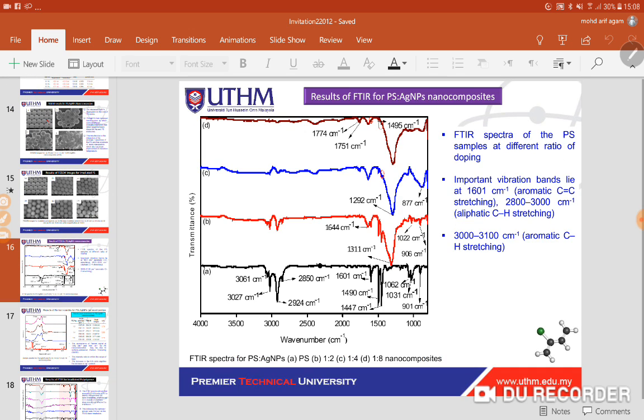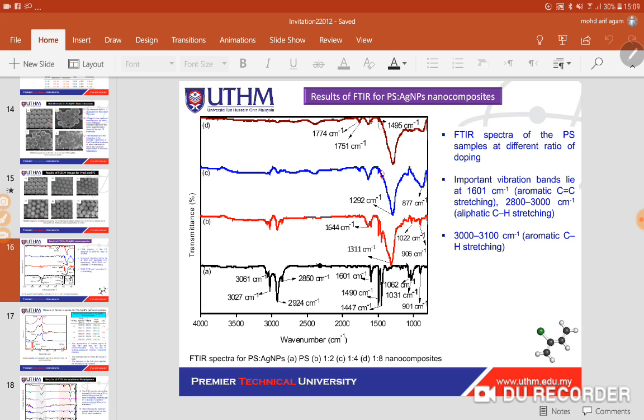This result is the FTIR for the polystyrene argentum nanoparticle composite. Imagine that this is your polystyrene, and there is some part of polystyrene able to vibrate, so we get this kind of spike.